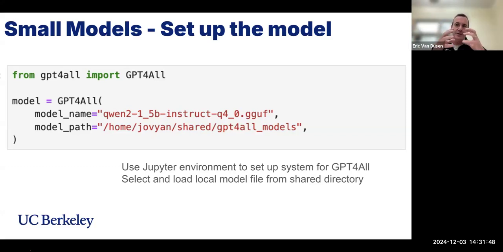It's not just closed in your company where nobody can touch it. You put it out in the open source space, let people mess around with it, and you learn things when you train it the next time. What's important to see here is there's something called Qwen 2, 1.5 billion instruct Q4, I don't know what that is, GGUF.